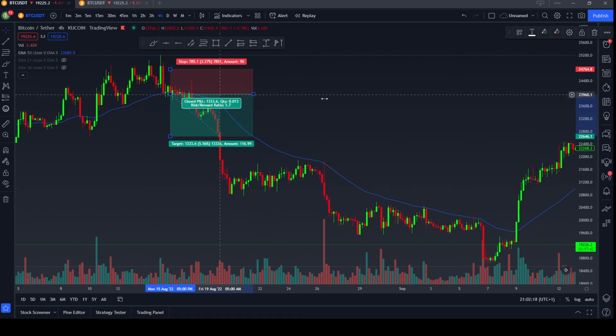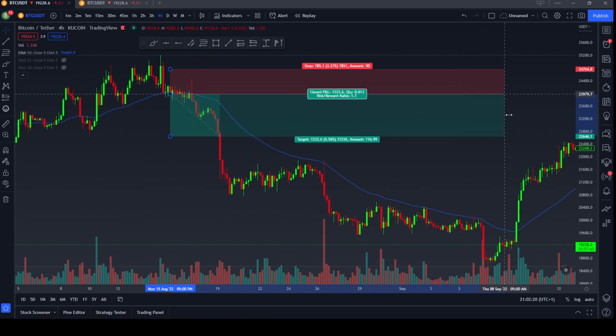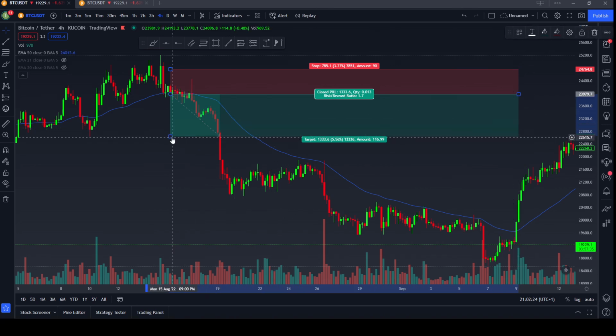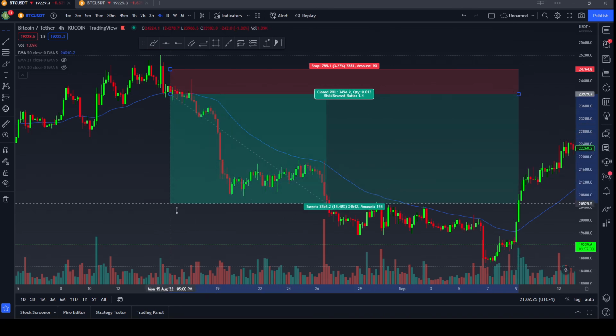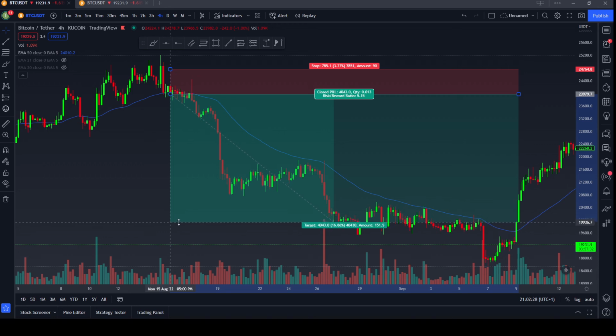However, what would that look like if we go to here? 5-to-1 ratio, but a really big move. 4,043 point move. That would have been beautiful.